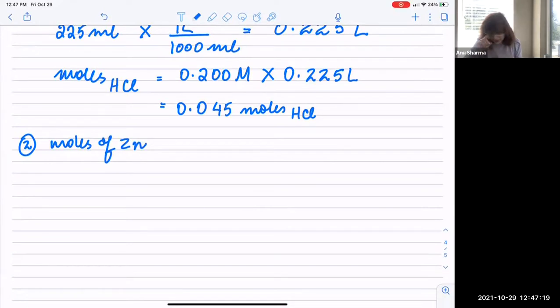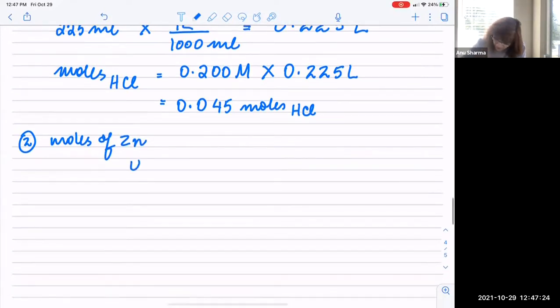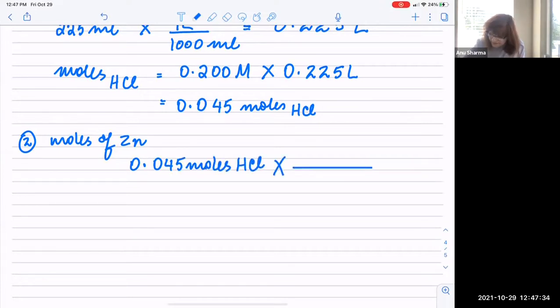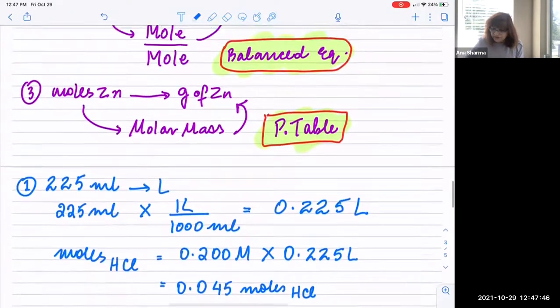How do you get that? You take the 0.045 moles of HCl and multiply that by the molar ratio. We see that 1 mole of zinc is reacting with 2 moles of HCl, and that is in the reaction right here.